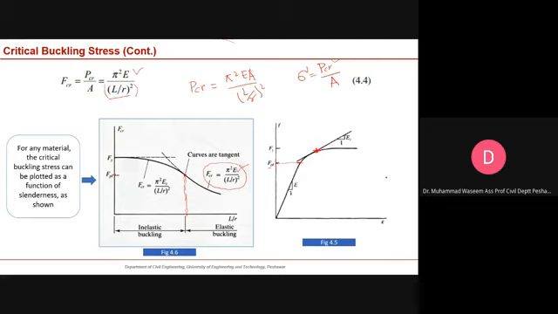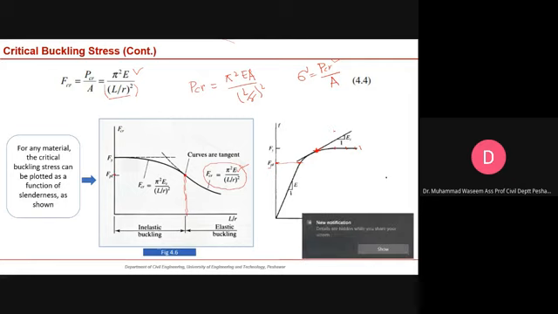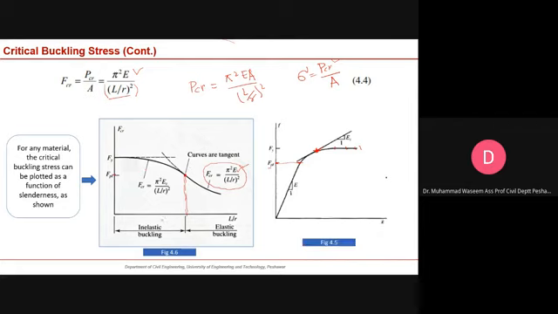This modulus of elasticity in the inelastic range will keep on changing; it will not be fixed. So in the inelastic region, you can use the same formulation, but you just have to replace the E value with the tangent modulus, and in this way you can estimate the critical stresses in the inelastic range.